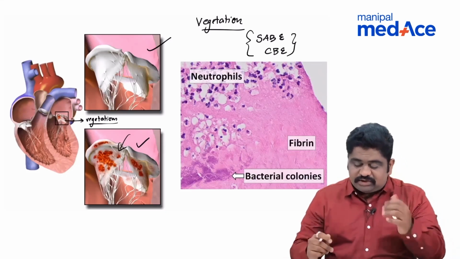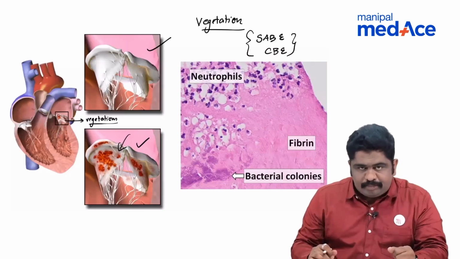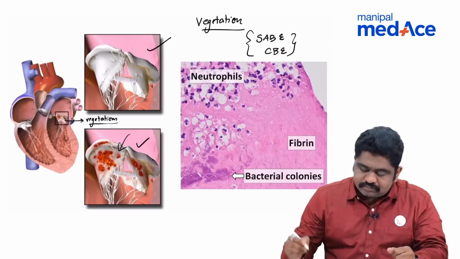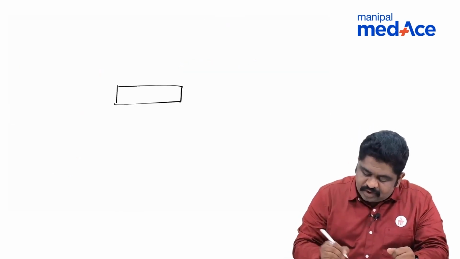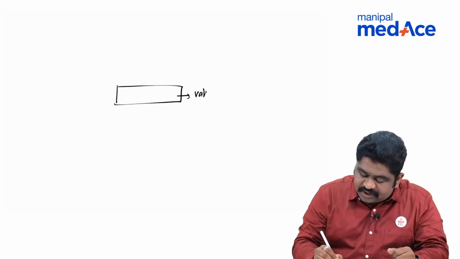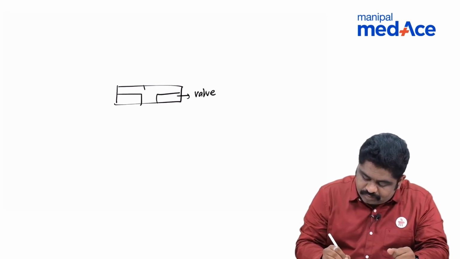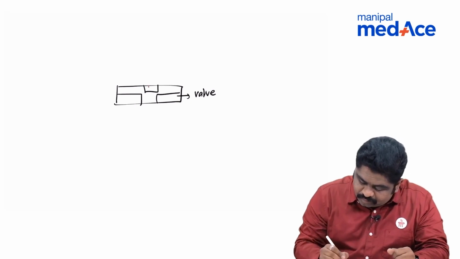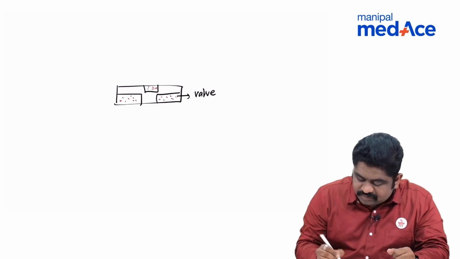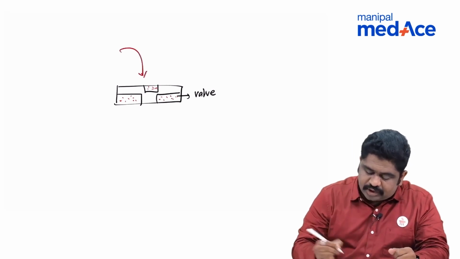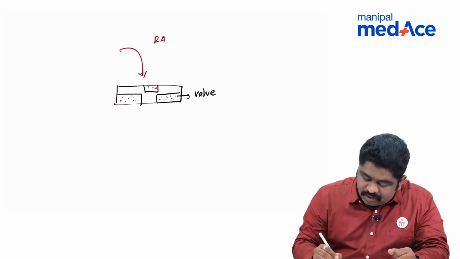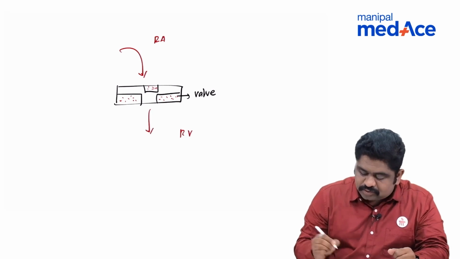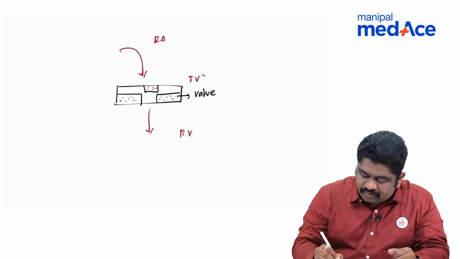Now, what is the concept in case of subacute bacterial endocarditis? Imagine this. If this is the schematic representation of the valves, say, for example, the dotted areas are telling you the superior surface of the valve. Now, blood is trying to travel from the right atrium into the right ventricle through the tricuspid valve.